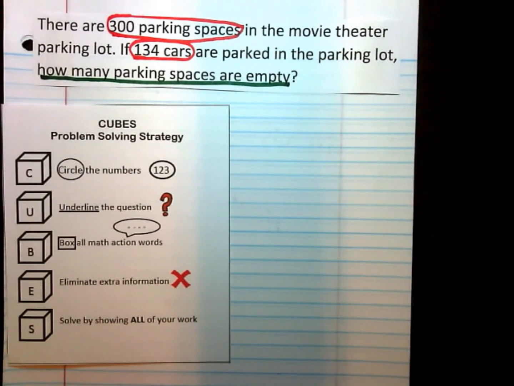My next one is the B, box in the math action words. These are the words that are verbs that tell you what is going on in the story or in the word problem. So when I read through, there are 300 parking spaces in the movie theater parking lot. If 134 cars are parked in the parking lot, ooh, I hear the word parked, that tells me that there are some taking up some space.